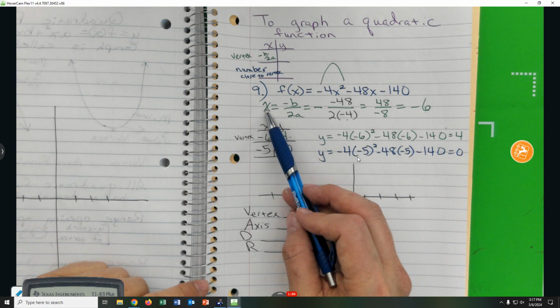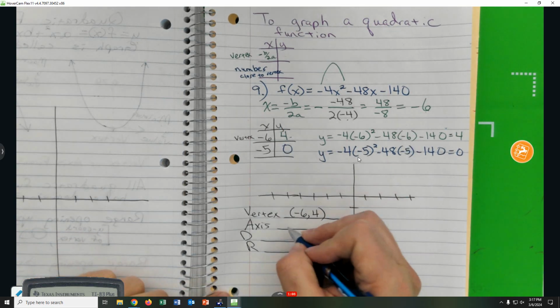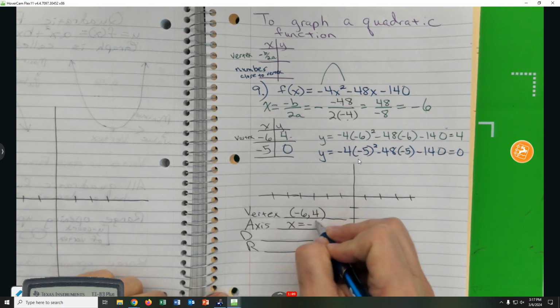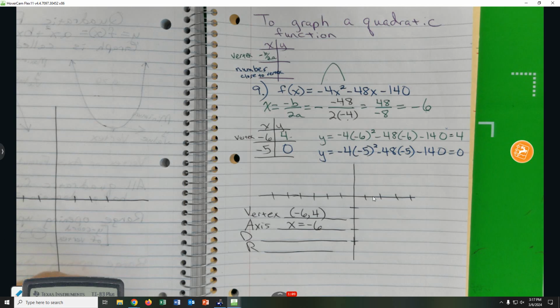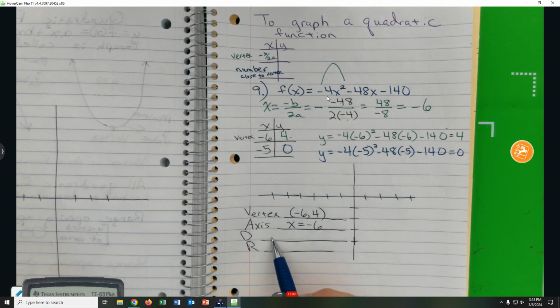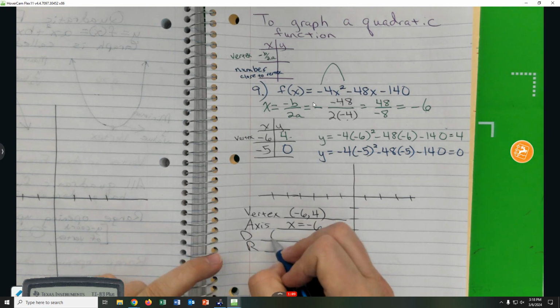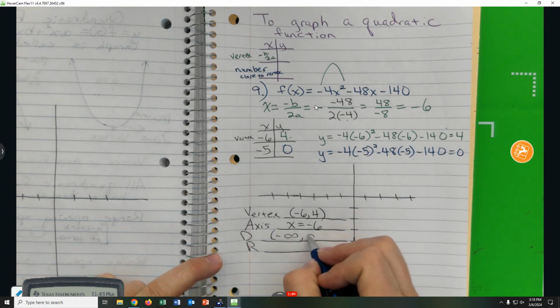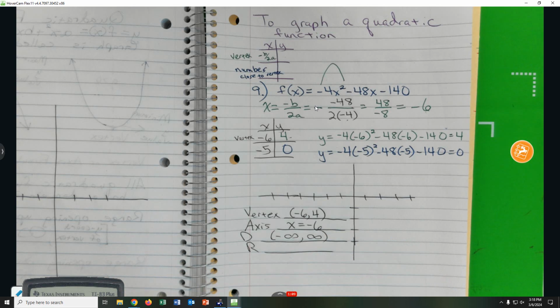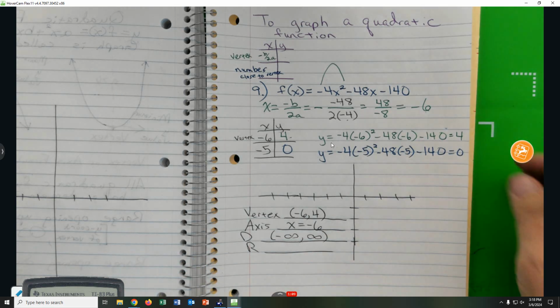Well, x equals -6. The axis is that vertex formula. What did we say was true about the domain? All real numbers. We're going to fill that in at the very beginning. And now, the range.